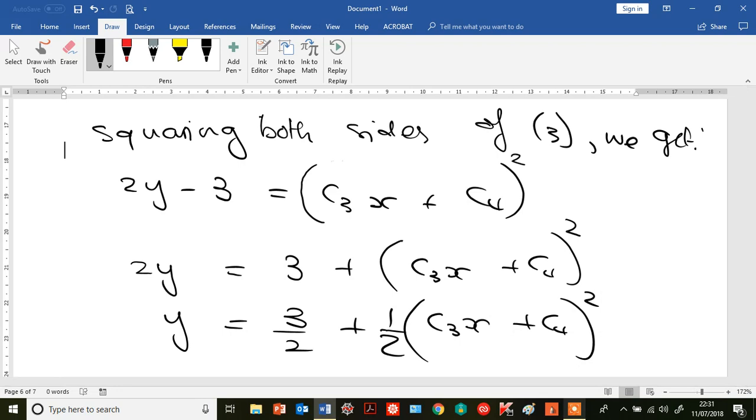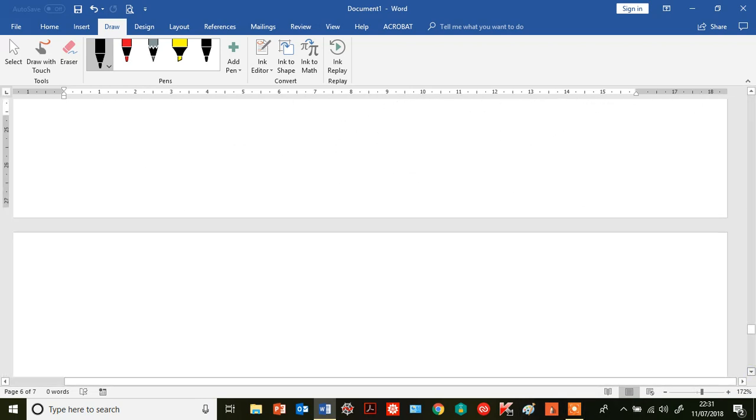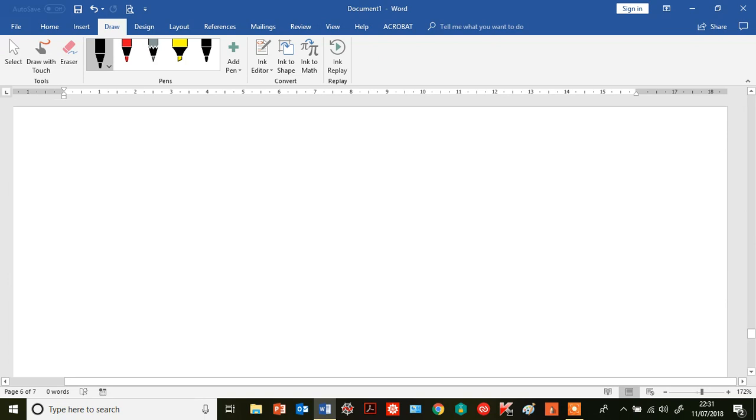So we'll just conclude by saying that actually there are 2 solutions, but one of them is a special case of the general solution.